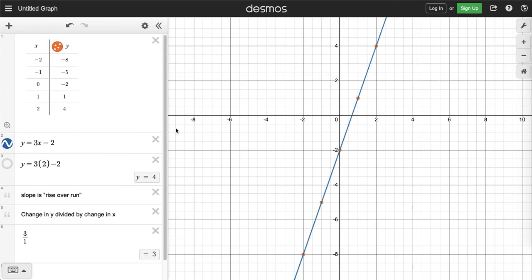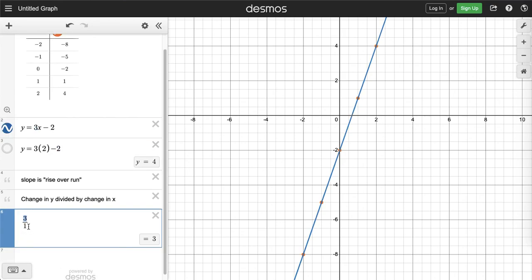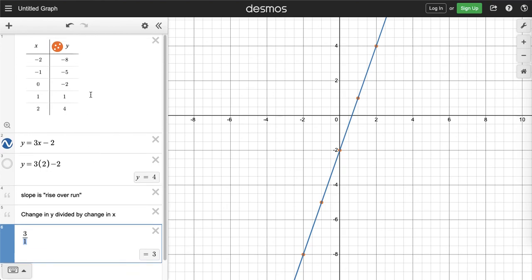And even if we go back where it is just a nice whole number, this one here, it still is or can be written as a fraction. 3 is the same thing as 3/1, and so this slope still tells us 3 spaces up when we move 1 space to the right. And that's how you can use slope and the y-intercept to very quickly and easily graph your line.